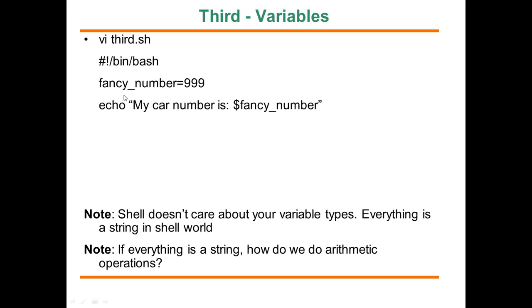I think 128 bytes or something is the maximum size, but I'm not sure. I never cared about it. All these assignments are string assignments. Remember, this shell does not care about your variable types. Everything is a string in shell world. If everything is a string, how do we do arithmetic operation?